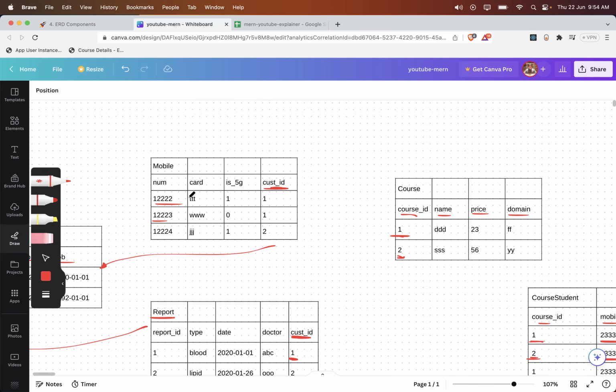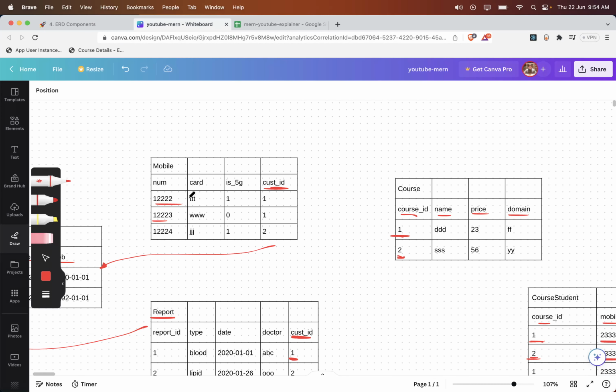And if you look at everything together, this becomes the ERD. Remember that before you create any database structure like this or this or this, these things are created from the ERD diagrams. So if you want to design the database, first and foremost thing is to create the ERD.